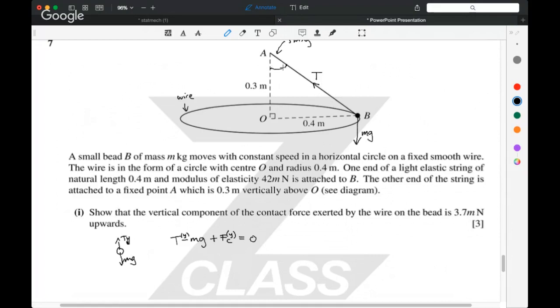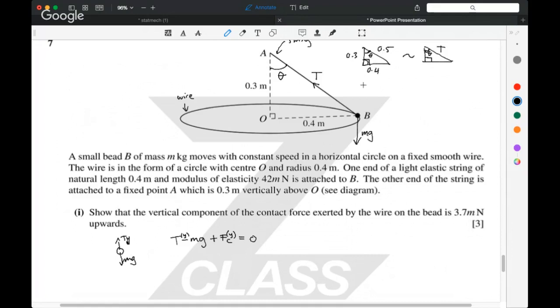Let's call this angle theta, as is usual. We can work out that for this triangle, 0.3, 0.4, the hypotenuse is actually 0.5. That just comes from Pythagoras. And this is theta. Well, this is similar to this triangle with the forces, where the hypotenuse is T, and it's the same angle theta.